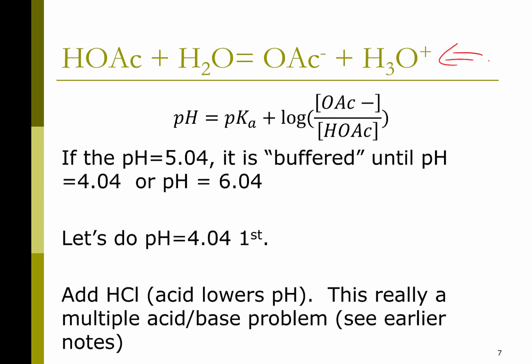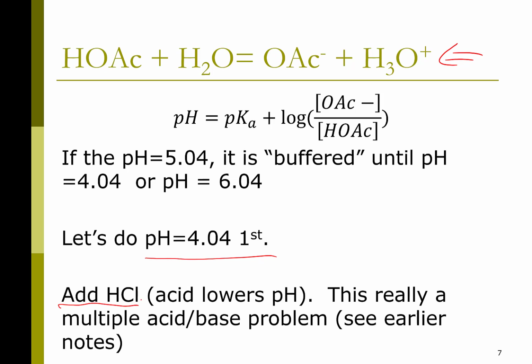I can pretty easily calculate how much acid or base it would take to do that using good old Henderson-Hasselbalch. I'll look at the lower limit first. If I'm going to move the pH from 5.04 down, it's because I'm adding acid. It doesn't really matter what acid I use, but just so I have a representative acid, let's say I add HCl.